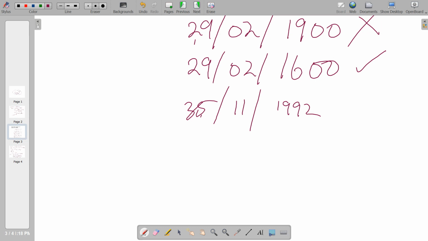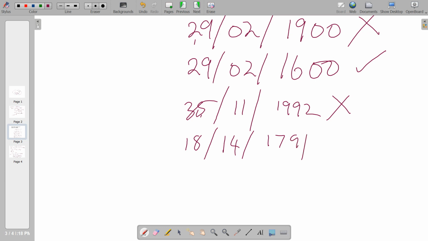You can't really pass 31, and our validation for the day has to tie into our validation for the months. I could put the 18th of the 14th, 1791.